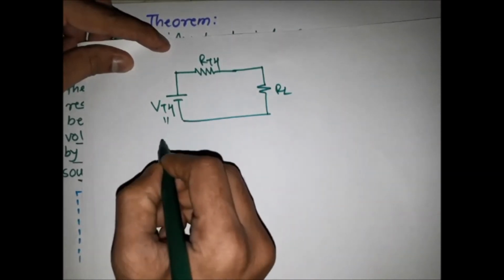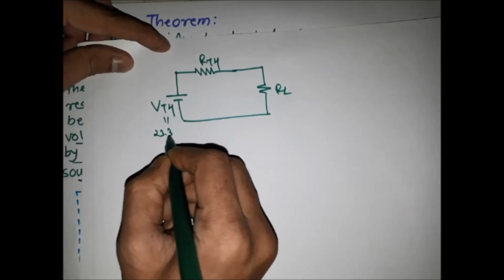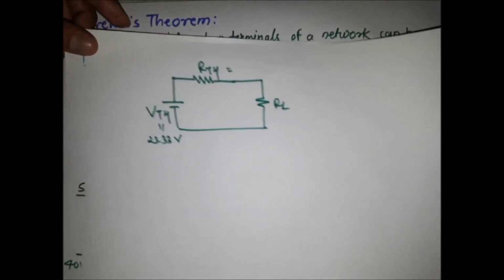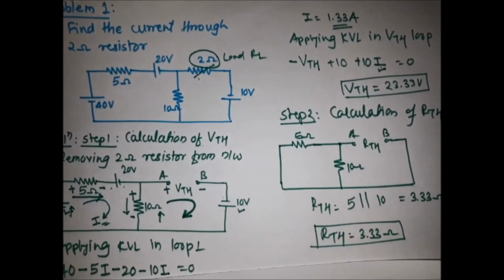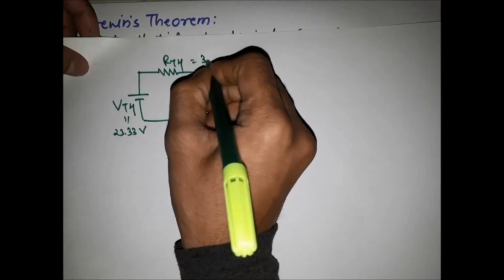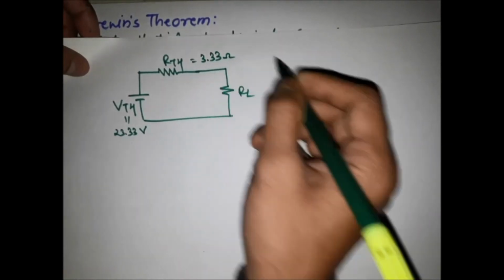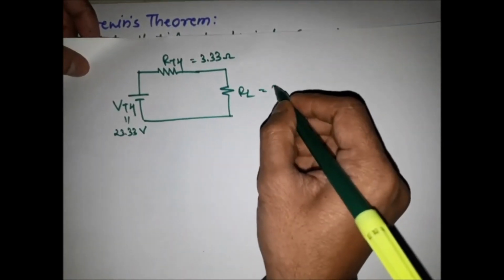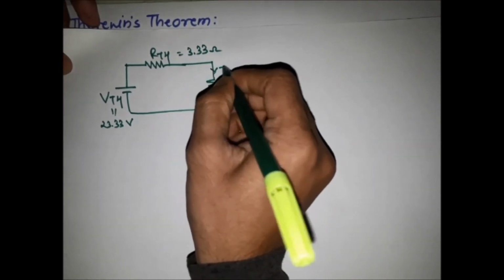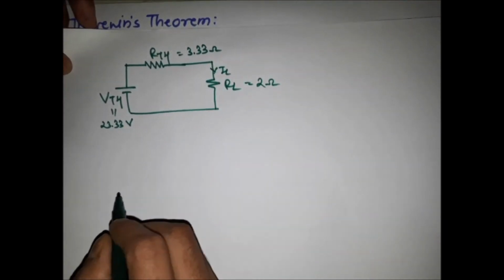We know the value of VTH is 23.33 volt. RTH is equal to, what is the value of RTH? It is 3.33 ohm, and RL is equal to 2 ohm. RL is 2 ohm, and we have to find the current through this load resistor.